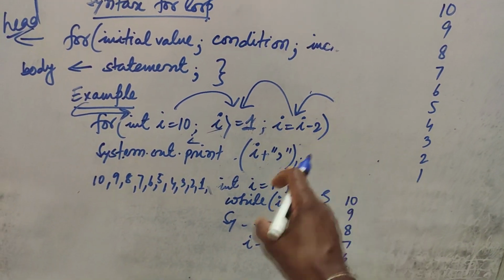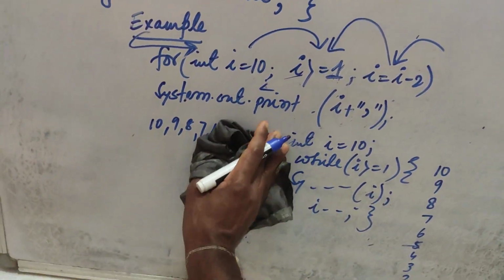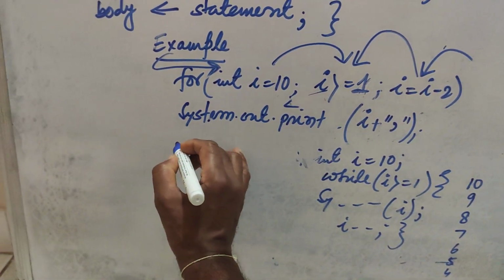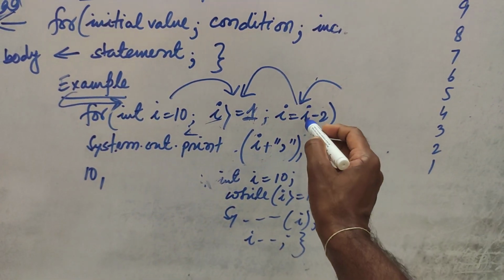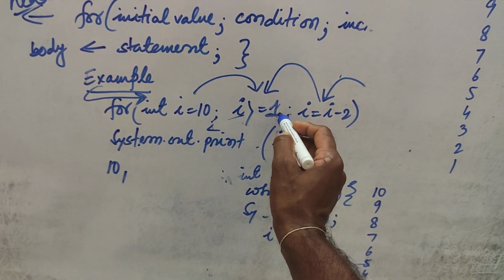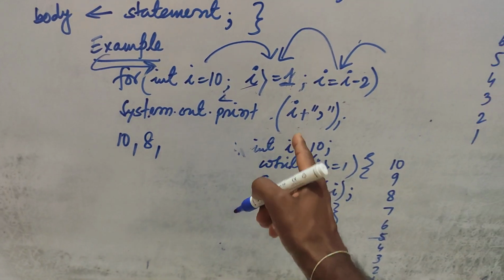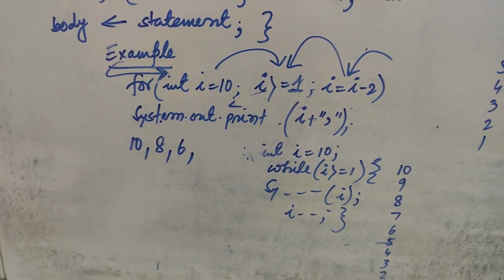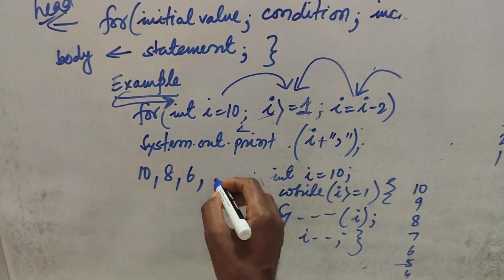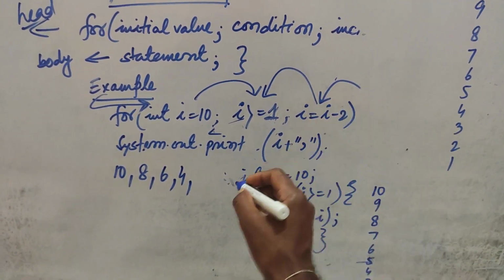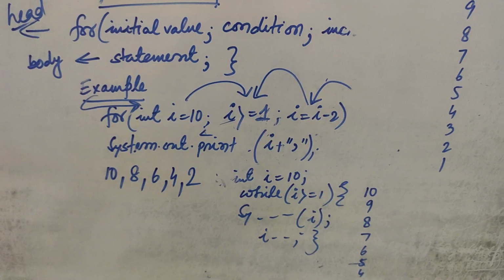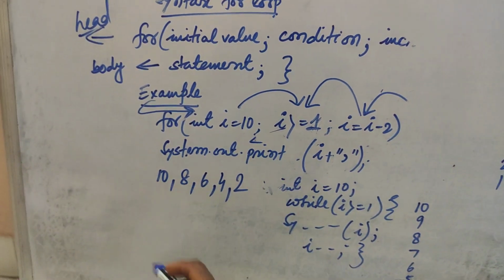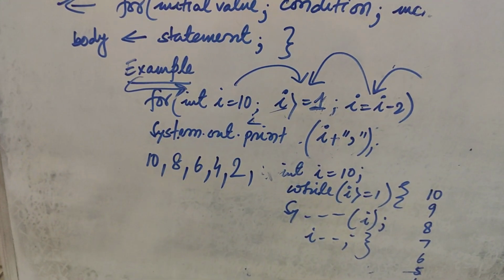See, 10 greater than or equal to 1, true, print 10, comma. 10 minus 2, what comes? 8. 8 greater than or equal to 1, true, print 8, comma. 8 minus 2, 6, greater than or equal to 1, print 6, comma. 6 minus 2, 4. 4 minus 2, 2. 2 minus 2, 0. 0 greater than or equal to 1, false, so it goes outside. So the output is 10, 8, 6, 4, 2.